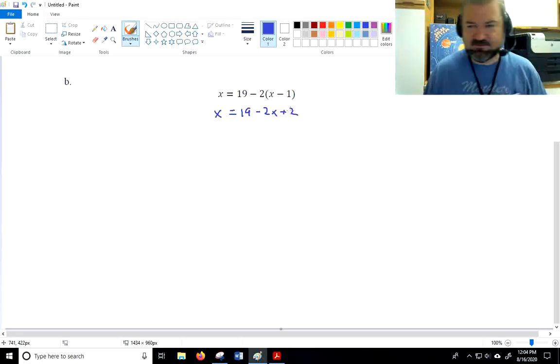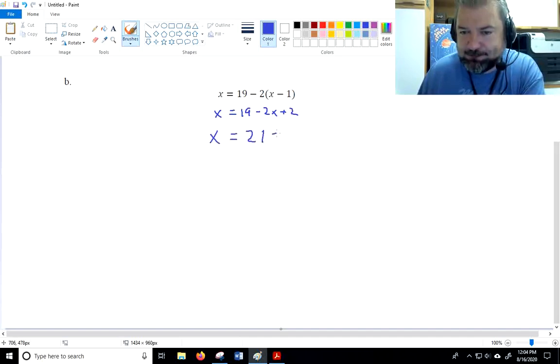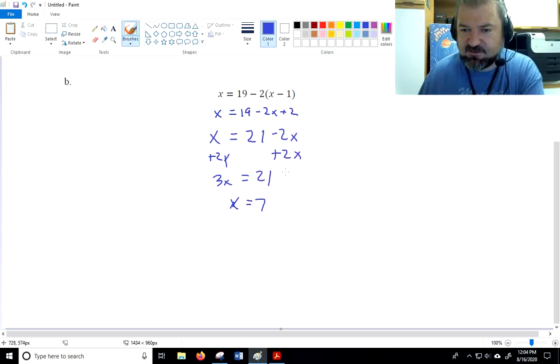All right. I'm going to go ahead and combine the 19 and the 2 to 21. And then I'll add 2x to both sides, giving me 3x equals 21. So x is equal to 7 when we divide both sides by 3.